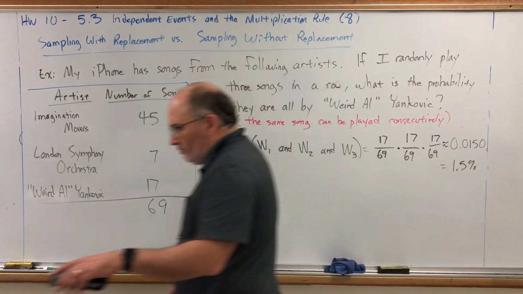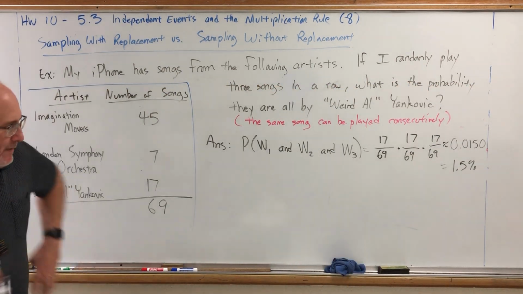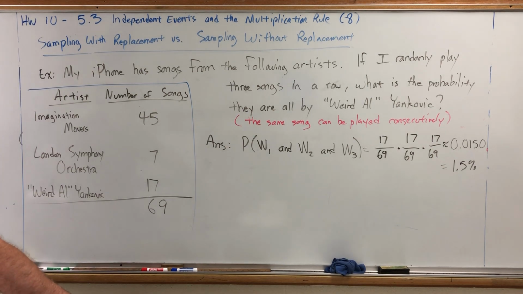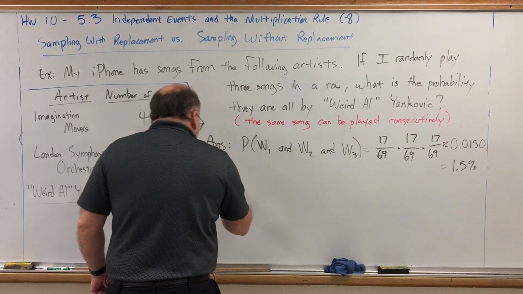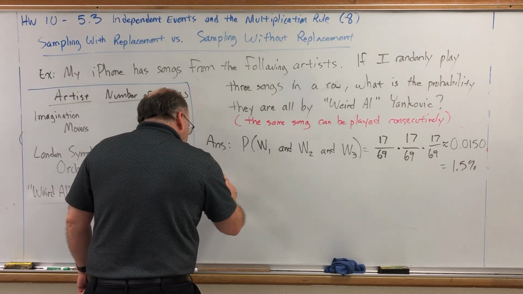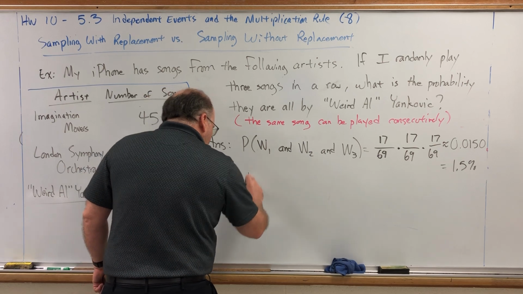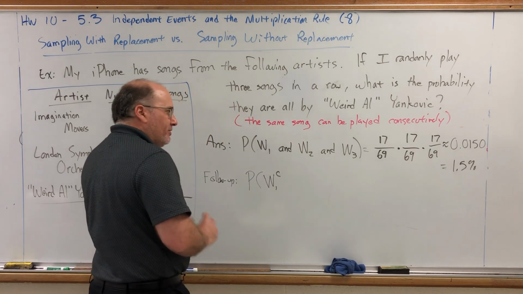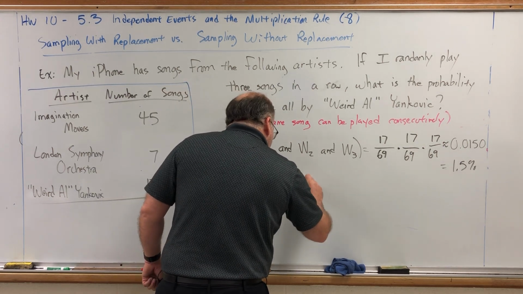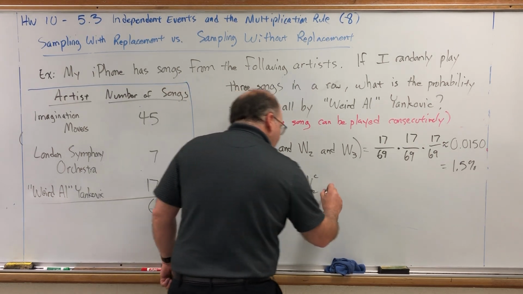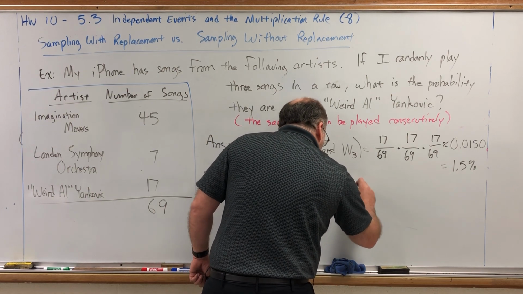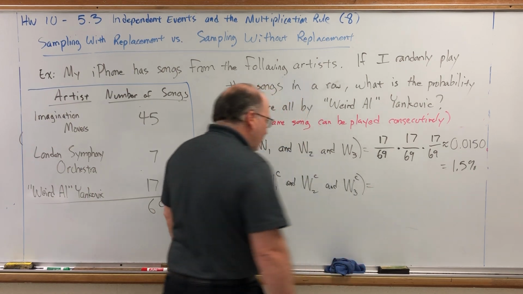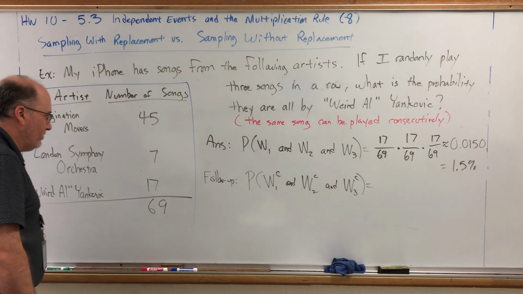Now, what's the probability that if I played 3 songs in a row, none of them would be from Weird Al? It's not as complicated as it sounds, but let's do a follow-up. What is the probability that the first one is not Weird Al, so complement, and the second one is not Weird Al, and the third one is not Weird Al. So what's the probability I don't get any Weird Al songs?